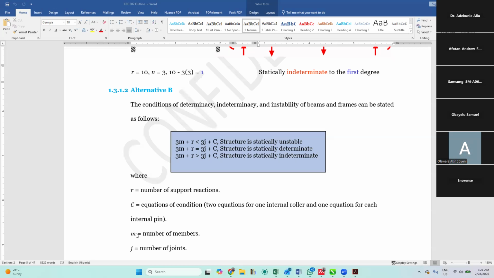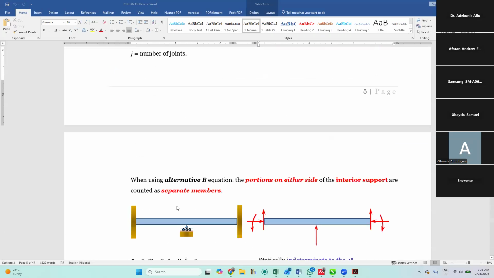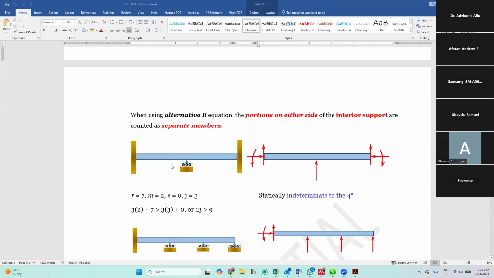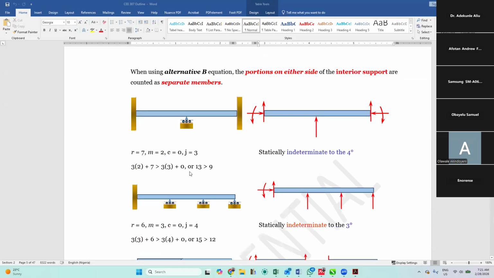Now, M is the number of members, while J is the number of joints. We'll do an example and see what we mean. Now, you see this one. You can see that on either side of this support, for this particular one, unlike the first example we did, when we have a support like this, we'll count this other side of the support as 1 member and we'll count this one as another member.